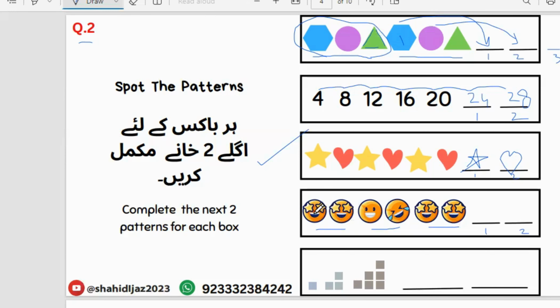This is the cartoon having stars in his or her eyes. This is a laughing cartoon. So these two will come on. This will come on the first position. Yes, sir. This will come on the second position.